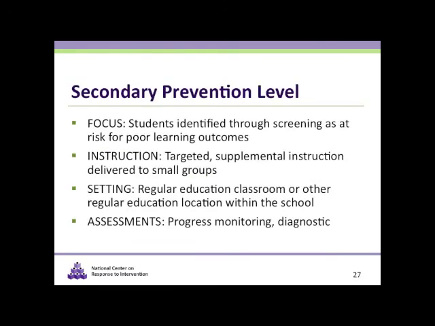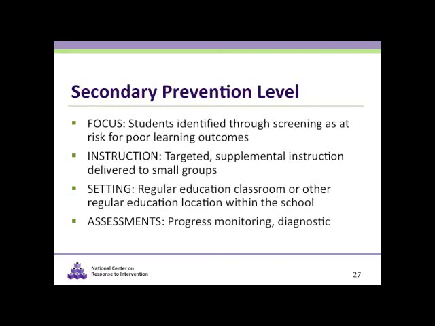The secondary prevention represents evidence-based interventions of moderate intensity that address the learning or behavioral challenges of most at-risk students. These are for students that have been identified through screening as at risk for poor learning outcomes. The instruction is targeted supplemental instruction delivered in small groups.